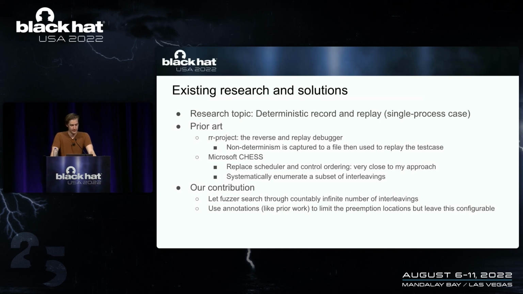And so, in summary, I guess the two contributions I think that are really novel here are that we now let a fuzzer control interleavings, and we also, this part isn't really new, scope down annotations, and we scope down where we do the yields. So annotations of like yielding and blocking and stuff, so that it only happens in a few places where we think bugs are likely to happen.